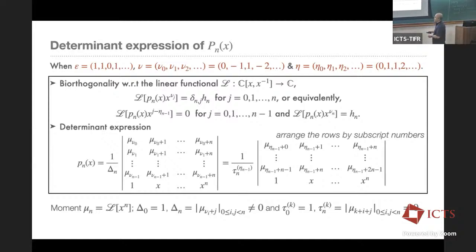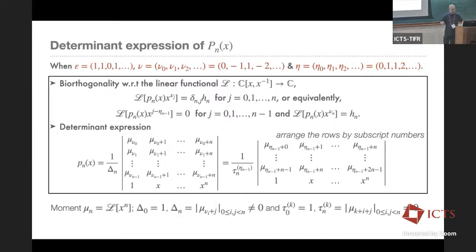But here all elements depend on degree n. This is quite a big difference from the standard orthogonal polynomial system. And also, the Hankel determinant should be slightly shifted like this.